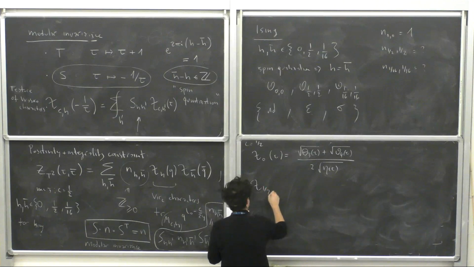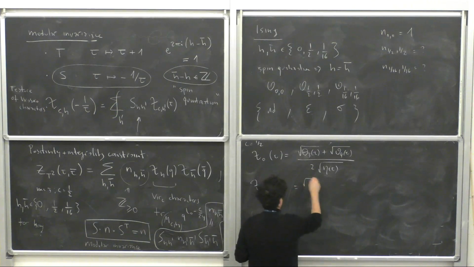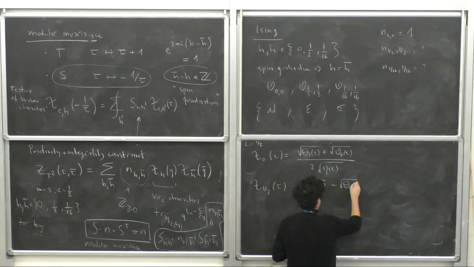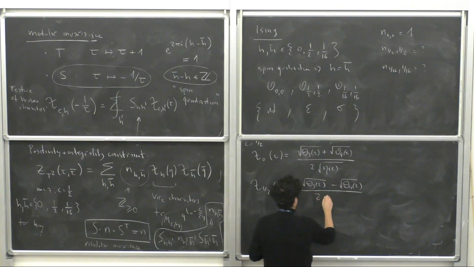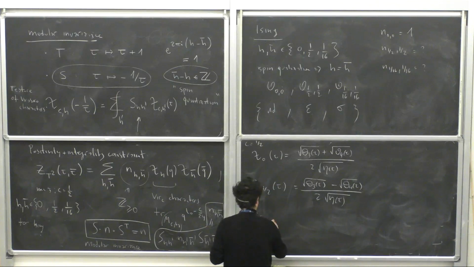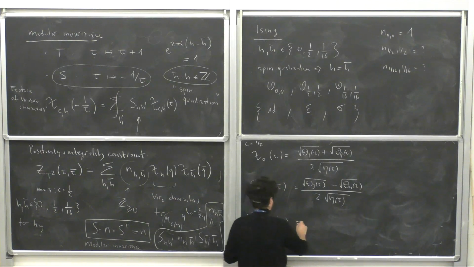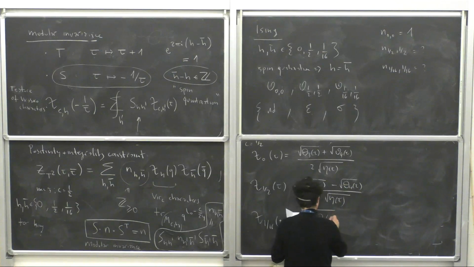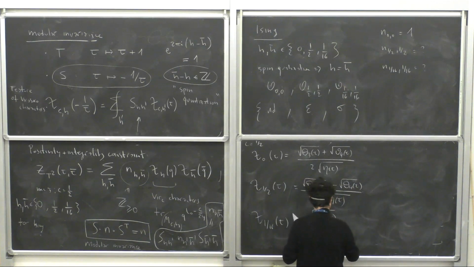Chi of one half of tau is the same, but with a minus sign. And chi of 1 over 16 is just the square root of theta 2 of tau divided by square root of 2 eta of tau.